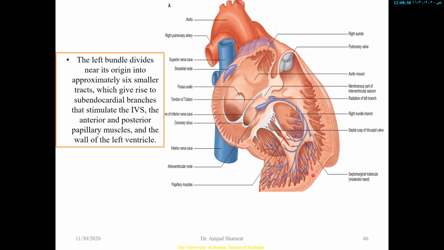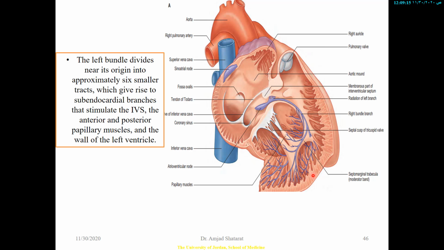Now let me summarize the conducting system for you. The SA node is located in the right side of the heart near the superior vena cava, and the AV node is located within the interatrial septum near the tricuspid valve, rather the coronary sinus, in a triangle that all cardiac surgeons know very well.